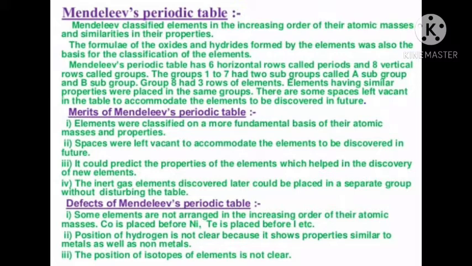Mendeleev's periodic table has 6 horizontal rows called periods and 8 vertical rows called groups. Groups 1 to 7 had 2 subgroups called A and B. Group 8 had 3 rows of elements. Elements having similar properties were placed in the same groups. There are some spaces left vacant in the table to accommodate the elements to be discovered in future.